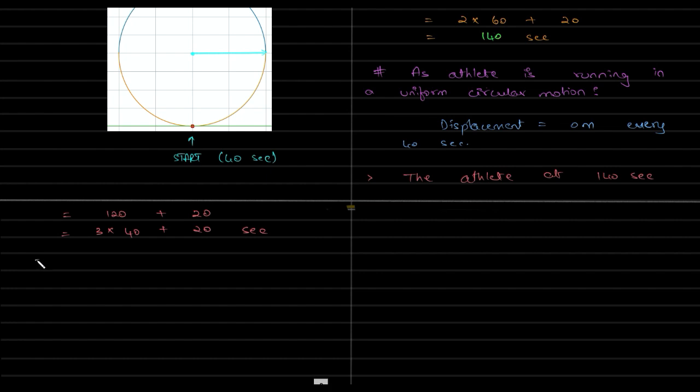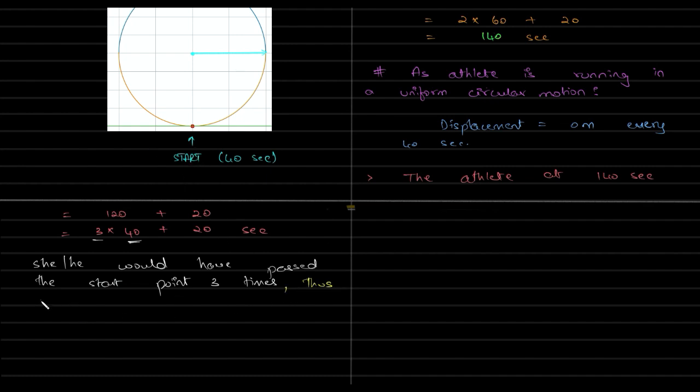He or she would have passed the start point 3 times, right? 3 into 40. So every 40 seconds, the person would have been at the start point, 3 times. And the remaining time is 20 seconds. So we have to just look for what happens to the athlete in the next 20 seconds.